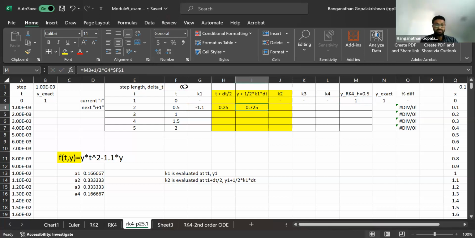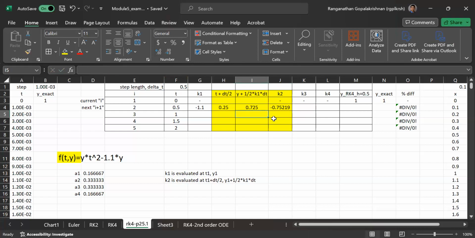So that agrees because we computed 0.25 and 0.725 for these values of T and Y. And then you want to write Y times T squared minus 1.1 times Y. So I'm going to give you 5 minutes to actually get these three values done and make sure you understand.